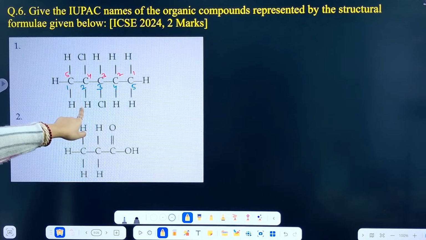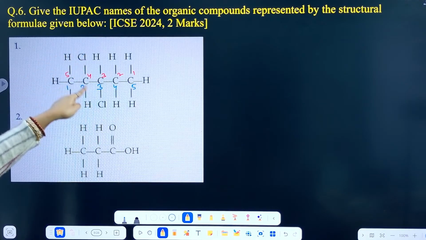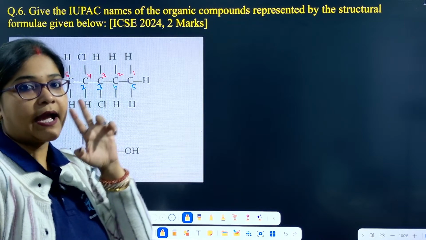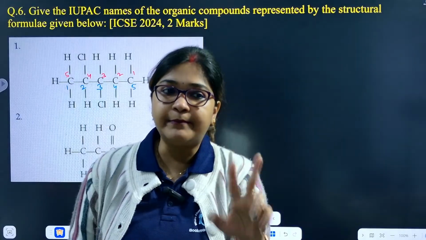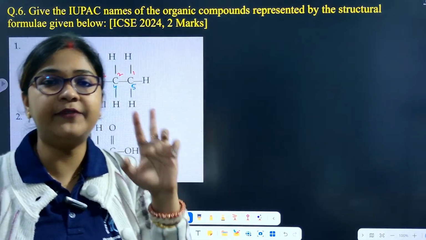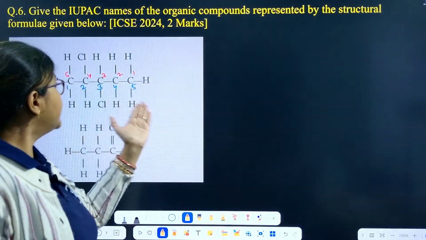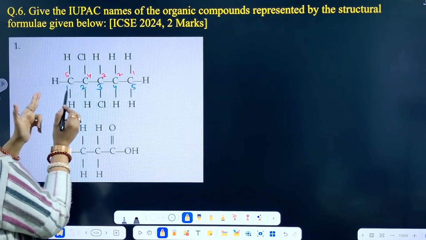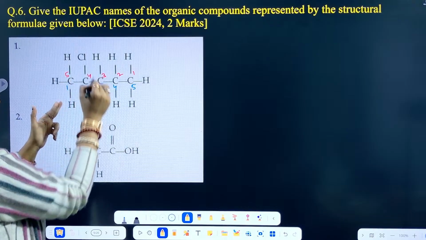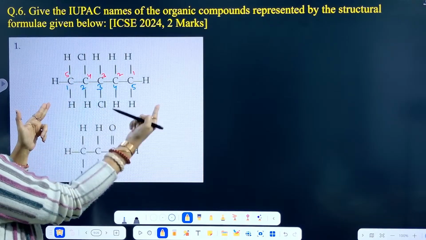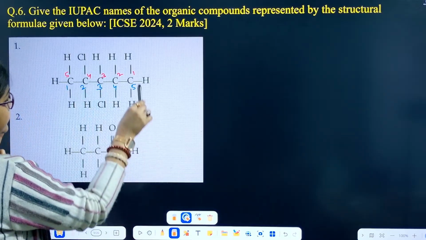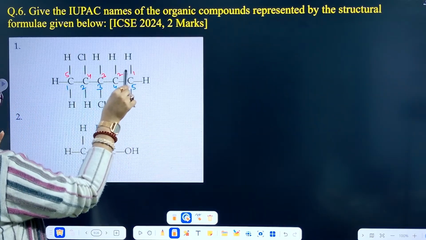Here chlorine is coming in 2 and 3 position. In IUPAC nomenclature, if you remember, priority numbering will be given to the one having the lowest numbers. So 2, 3 में chlorine है, so this numbering I will take rather than 3, 4 में chlorine है.